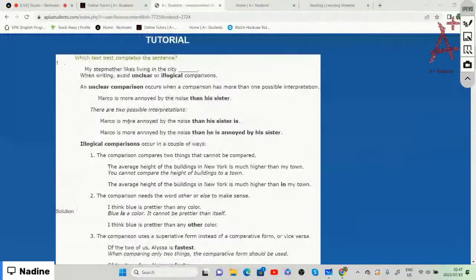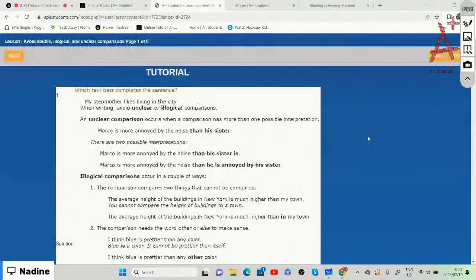So when we write, whether it is sentences or paragraphs, we need to avoid double, illogical, and unclear comparisons. If you want to compare people, ideas, or sentences, then you need to do it in a logical way. The comparison needs to be clear. And if it's not clear, then it means there are possible interpretations of this one sentence that you're saying, which means that it is not clear. It is an unclear comparison, right?